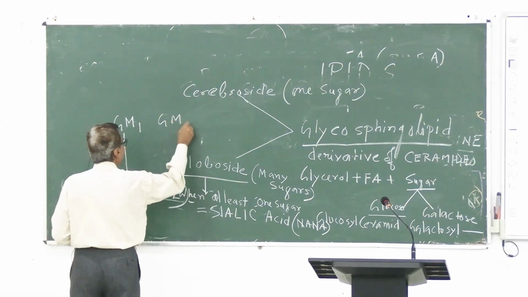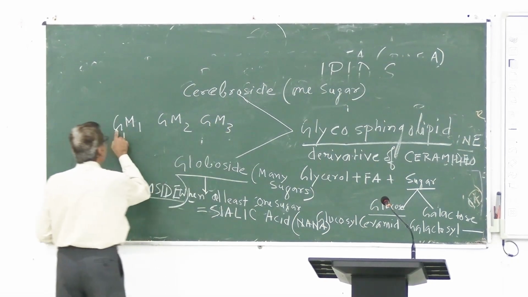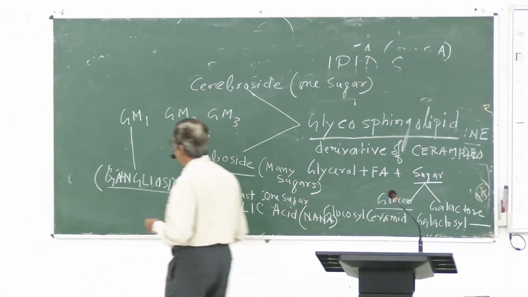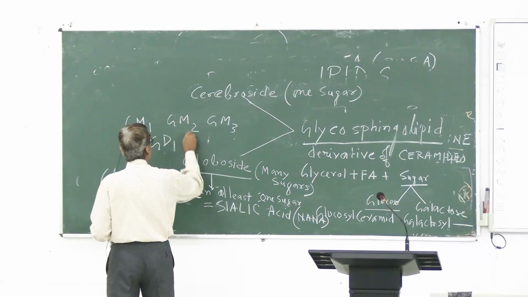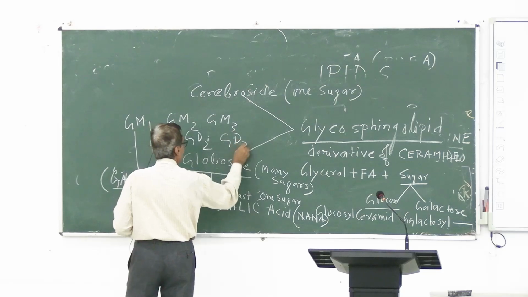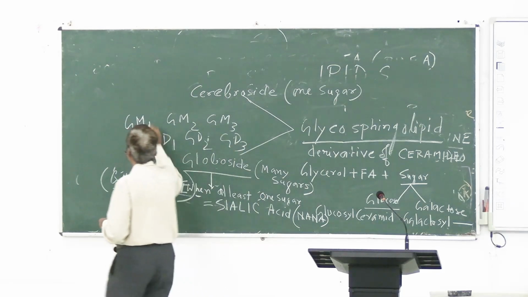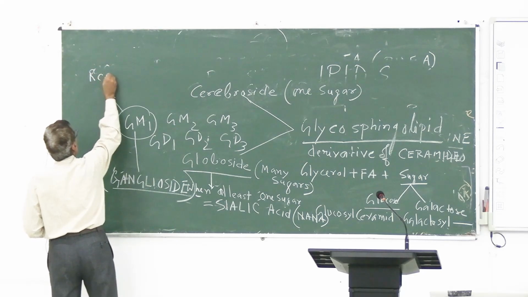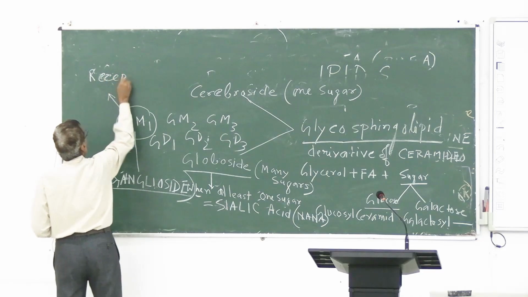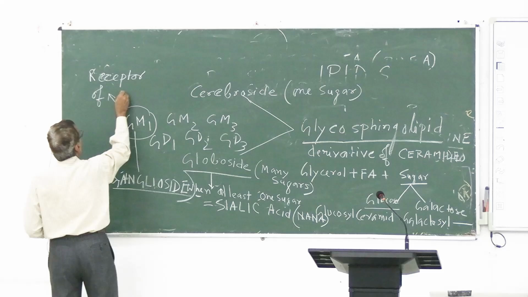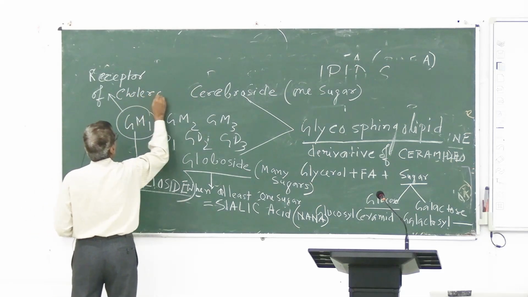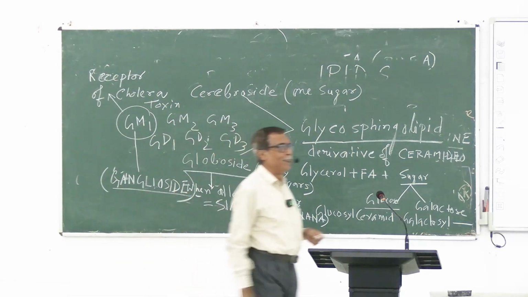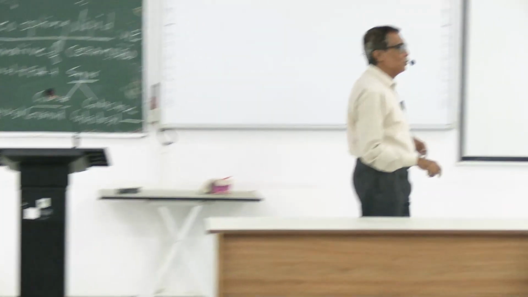There is GM1, GM2, GM3. G for ganglioside, M for mono-sialo. Then there is GD1, GD2, D for di-sialo. Among them the most important ganglioside is GM1, which is the receptor of cholera toxin, where toxin from Vibrio cholerae is attached and produces the manifestation of cholera.